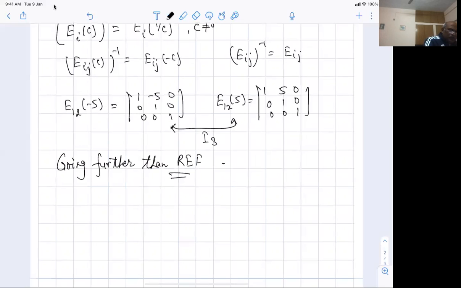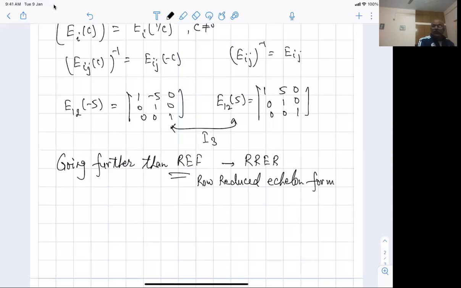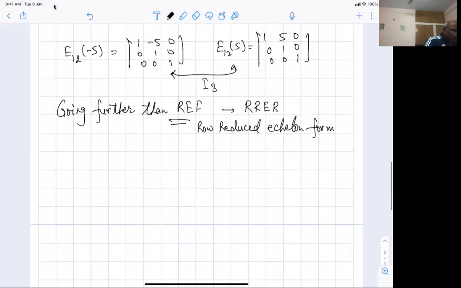The new form is called RREF, what we call row reduced equivalent form. All right. So it is row equivalent form plus reduced. So there is something extra that we have. It is row equivalent form itself, but with some extra conditions. All right. Fine. So definition, let me write the definition here.